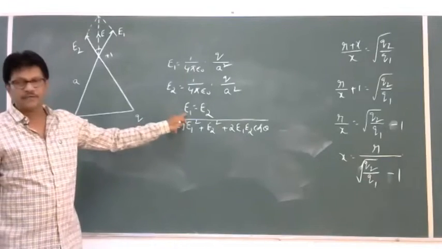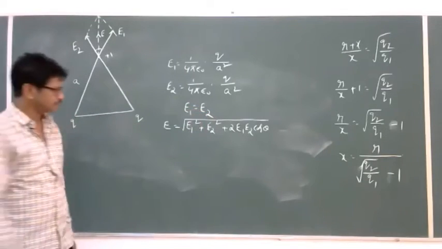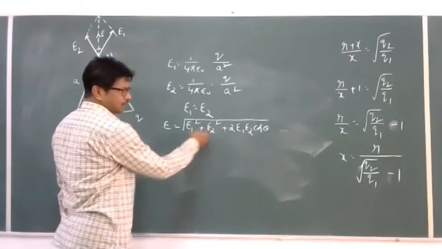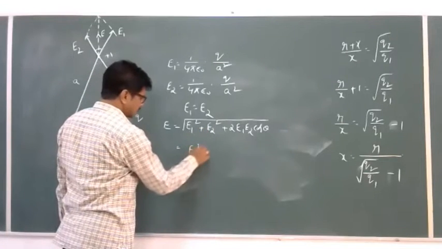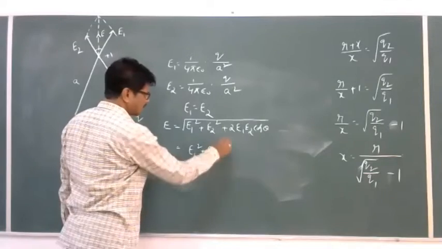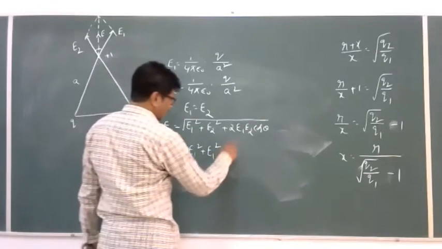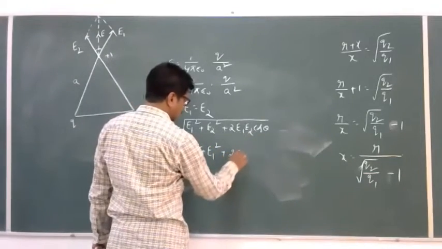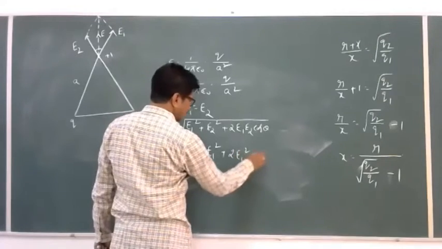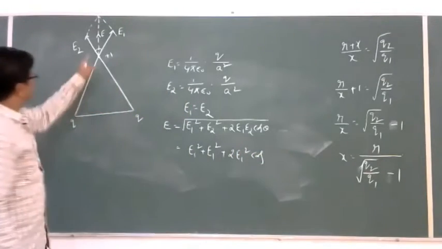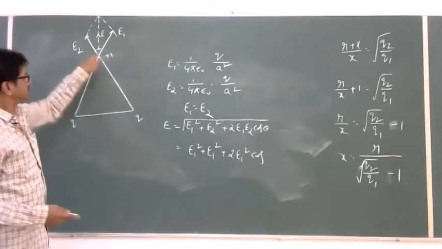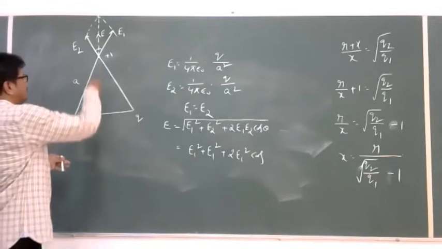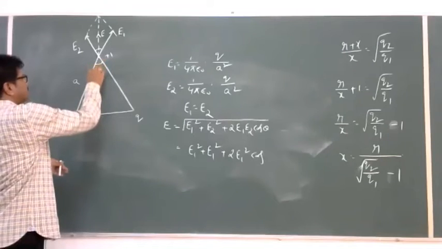We know that E1 is equal to E2. Since E1 is equal to E2, E1 square plus E1 square plus 2E1 square cos theta, where theta is the angle between E1 and E2. Since it is an equilateral triangle, this angle is 60.